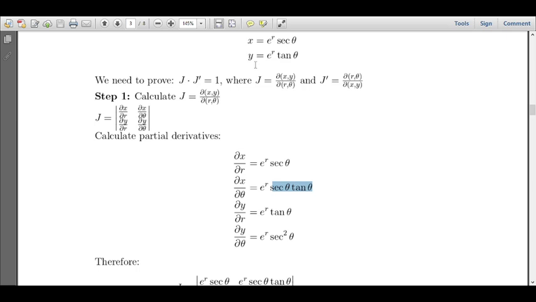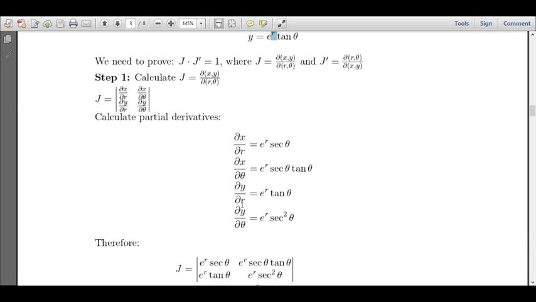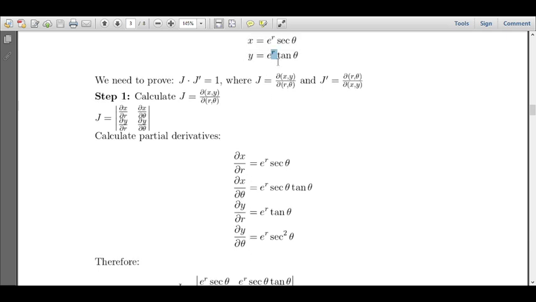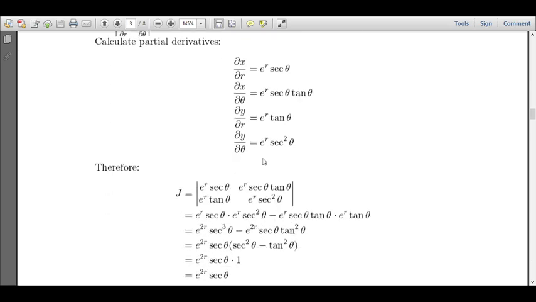Dou y by dou r: same thing, with respect to r, theta is constant, the differentiation of e power r is e power r. Dou y by dou theta: with respect to theta, r is constant, so we write e power r as it is, and the differentiation of tan theta is secant square theta.